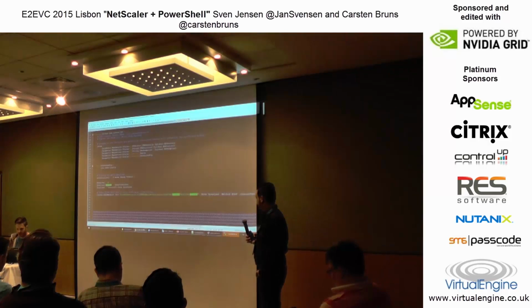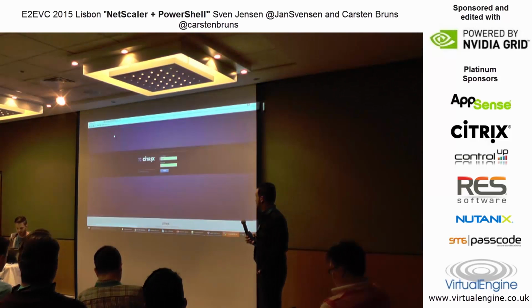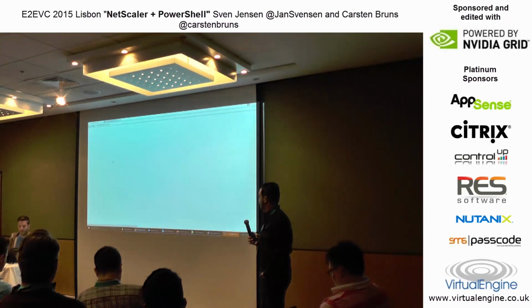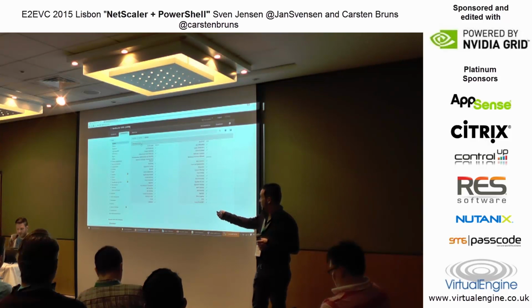Okay, the system should be there, so we're going to refresh our GUI here and log on again as nsroot. We will see that there's a time zone set, that a license file is installed and the licenses are activated.